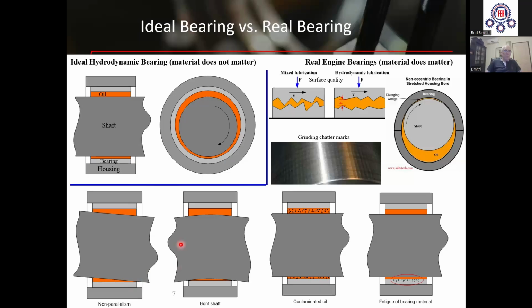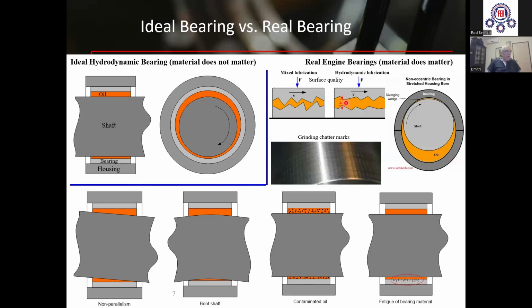The shaft bends and touches the bearing surface at two edges, here and here. The oil may contain solid contaminants, abrasive particles scratching the bearing surfaces, like here. Excessive loading may cause fatigue of the bearing material, like we see here.